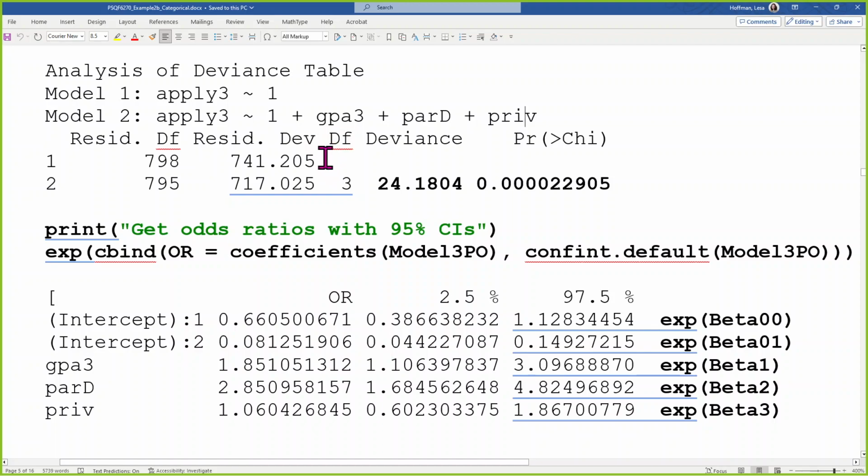The more intuitive way is to say Model 2 is significantly better than Model 1. The prediction has improved significantly by taking into account these 3 pieces of information. Or you could start from this as a reference point and say the empty model is significantly worse without the predictors.